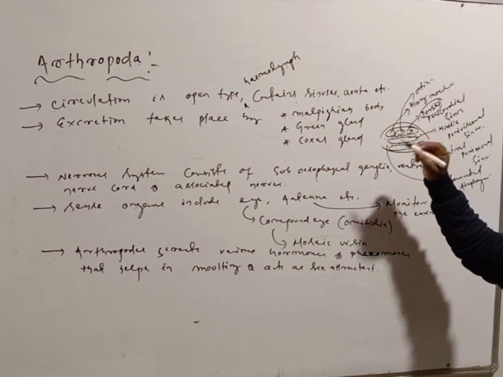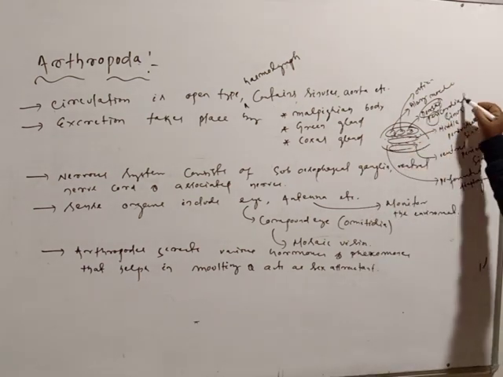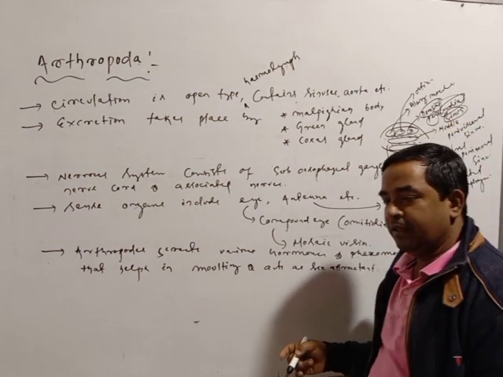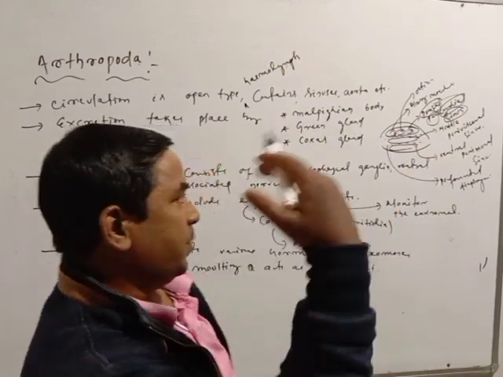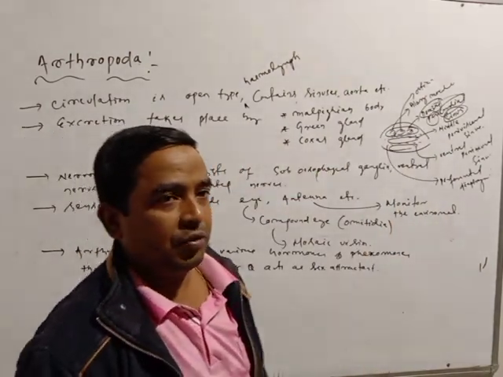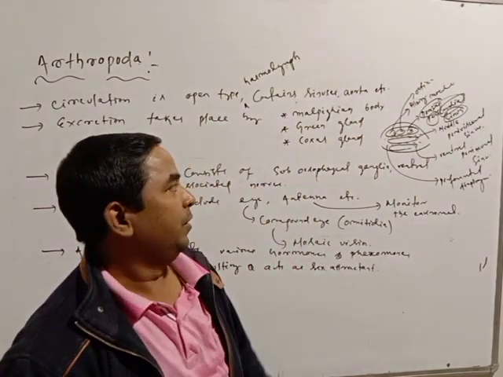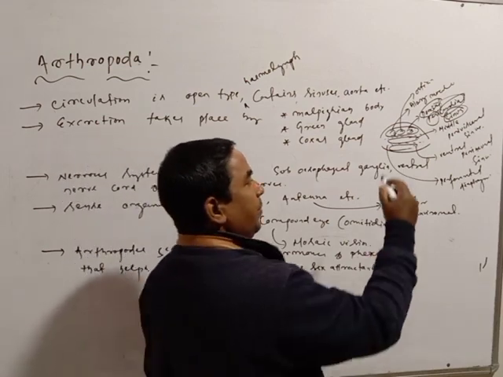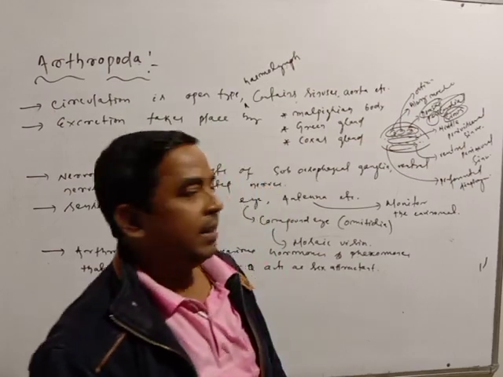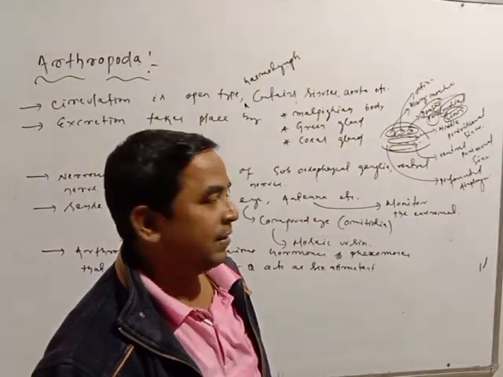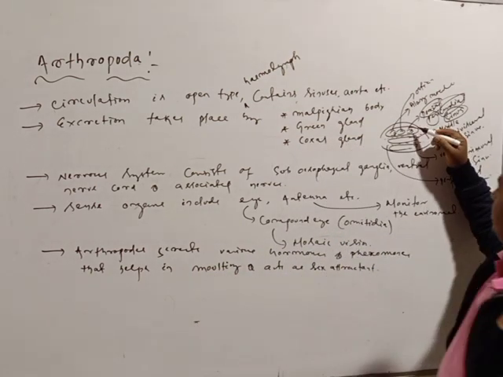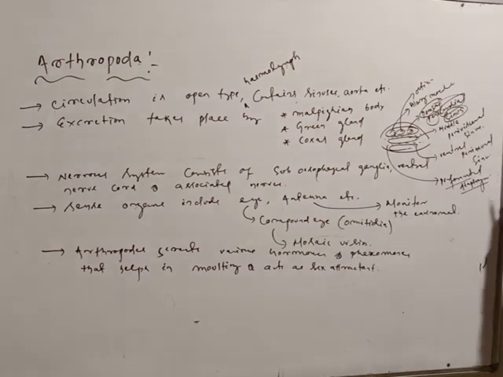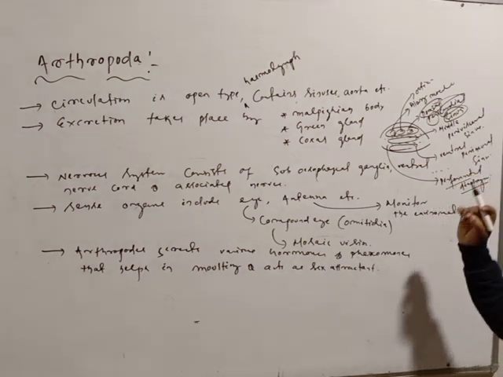See, dorsal means above, peri means surrounding, cardia means heart, and sinus means cavity. So the cavity present on the upper or dorsal side and surrounding the heart-like structures is the dorsal pericardial sinus. Below it you will find the middle perivisceral sinus. Peri means surrounding, visceral means internal organs. These two sinuses are separated by a perforated diaphragm having gaps.